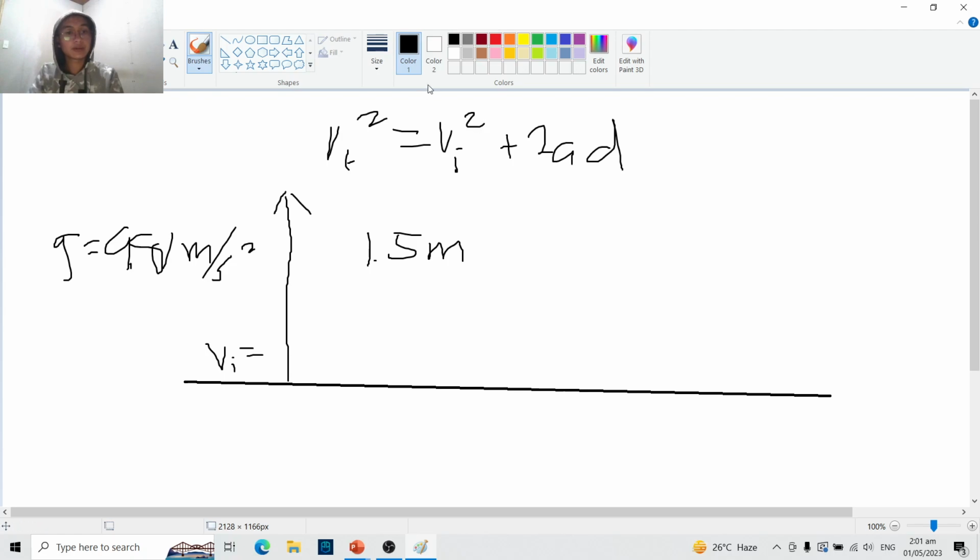So your zero here is the final velocity, since at the maximum height the velocity is zero. Your maximum height is 1.5 meters.